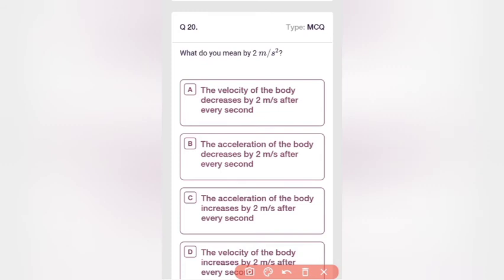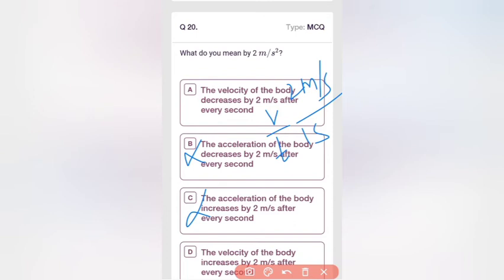So we can say the velocity of a body changes 2 meter per second after every second. The acceleration, we can say velocity by time, right? So therefore velocity can be 2 meter per second and the time can be 1 second. So it cannot be acceleration, it must be velocity. Velocity of the body increases by 2 meter per second after every second.